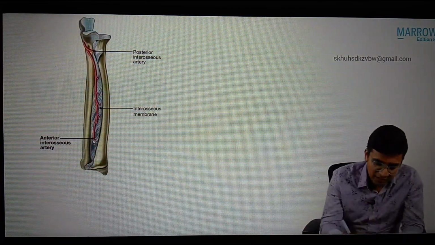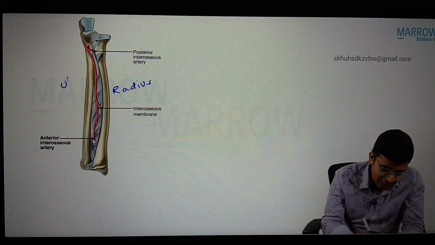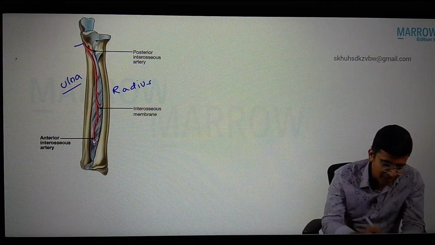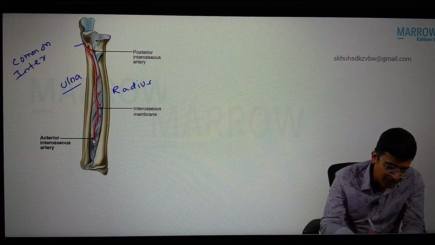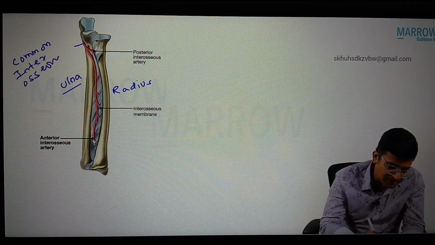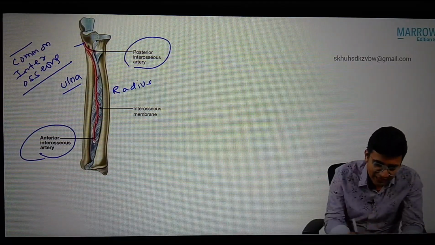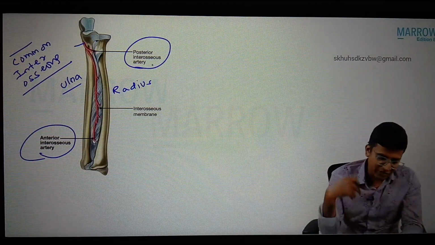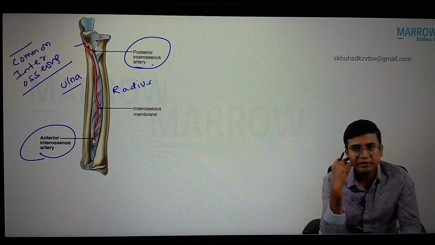See the diagram. This is our radius bone and this is our ulna. This is our common interosseous artery. The common interosseous divides into anterior interosseous artery and posterior interosseous artery, because one passes in front of the interosseous membrane and the other passes behind it.